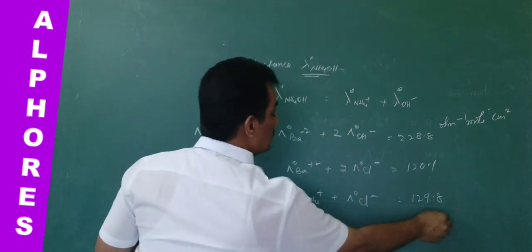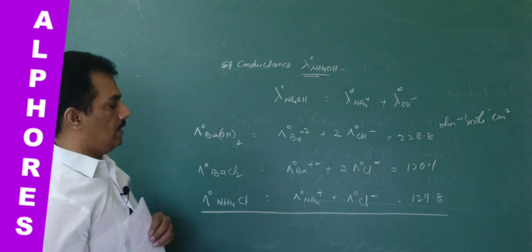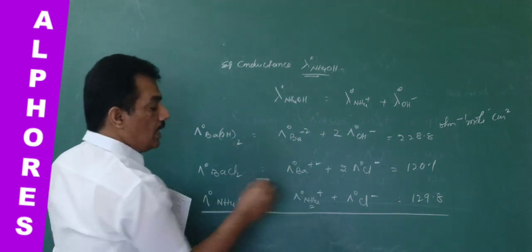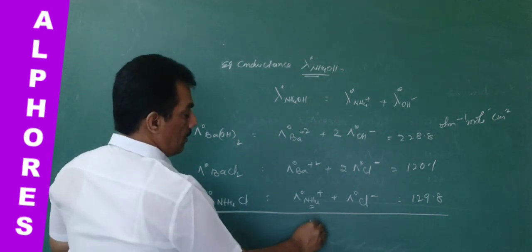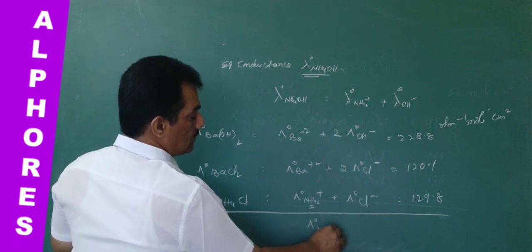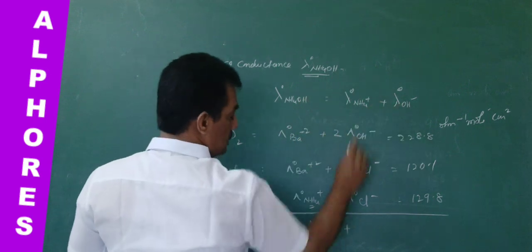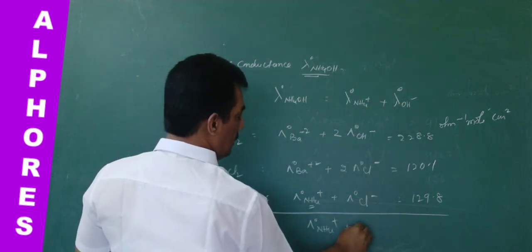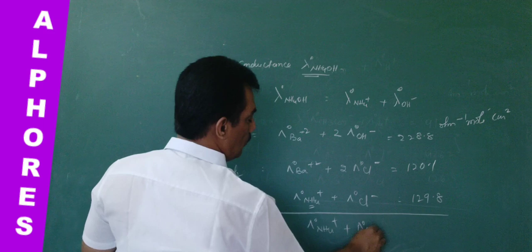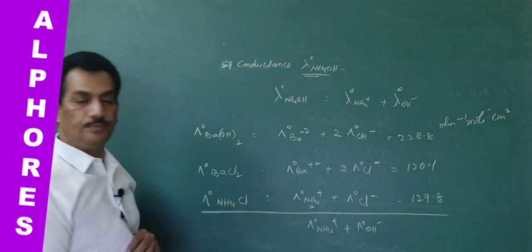But what we actually require is only lambda naught NH4 plus, and in addition to that, to get this OH we require lambda naught OH minus.